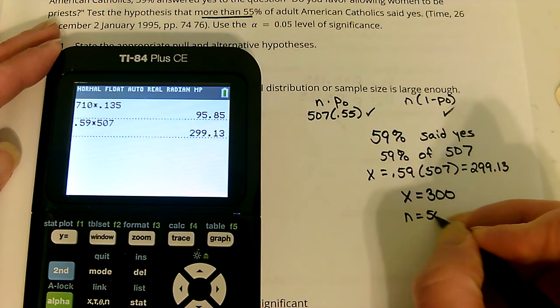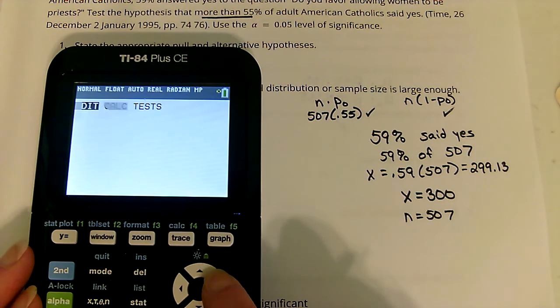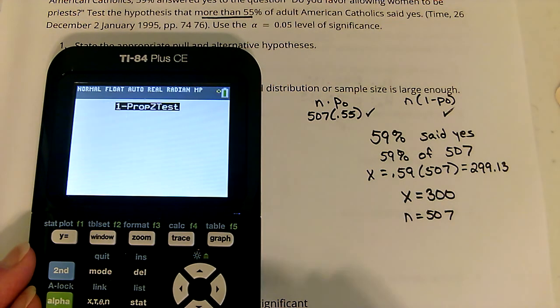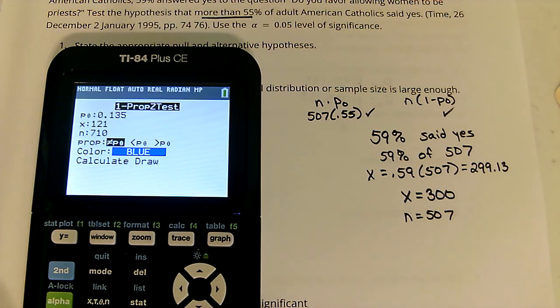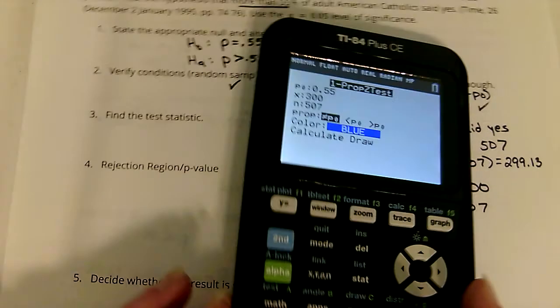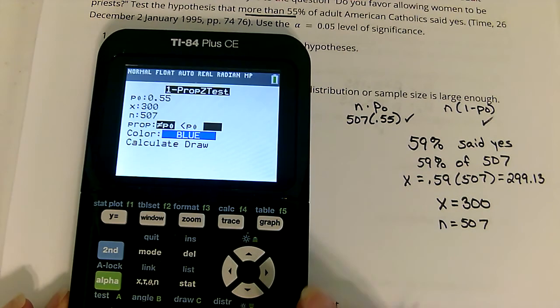And n was 507. Okay, so when I go in, what we're testing is 0.55, x is 300, 507, and we said greater than, calculate.